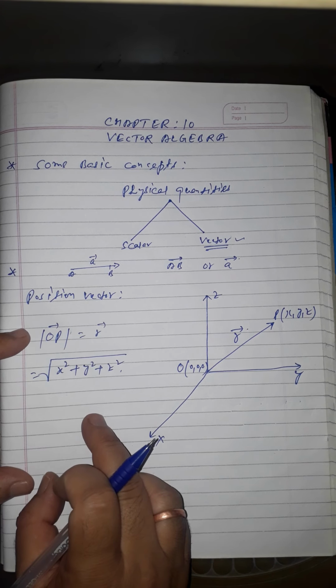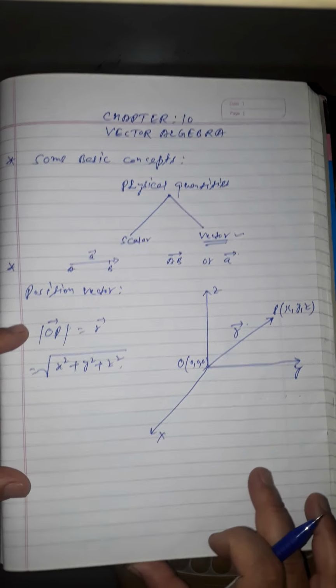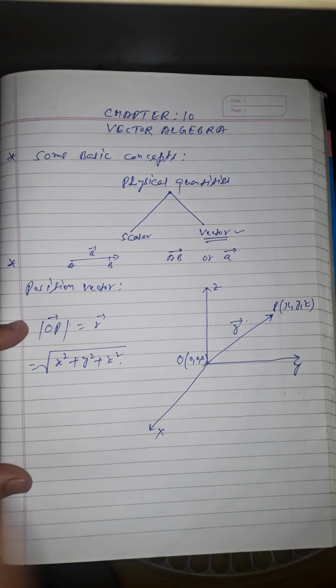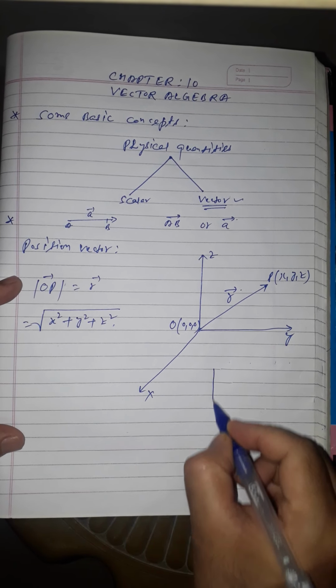The position vector of the point A, B, C: now here I am going to tell you one more way to represent it.